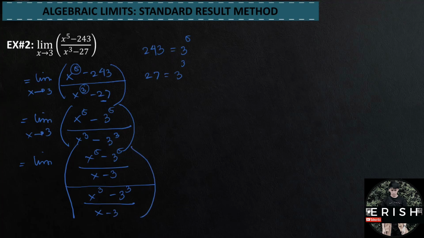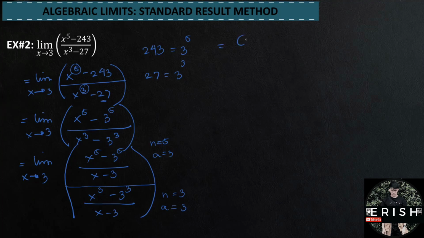Para, for the numerator, ang n natin ay 5, and ang a natin is 3. Sa denominator naman, ang n natin ay 3, and ang a natin is 3. This is x approaches 3. Pwede na nating applyan yung numerator and yung denominator ng standard result method.